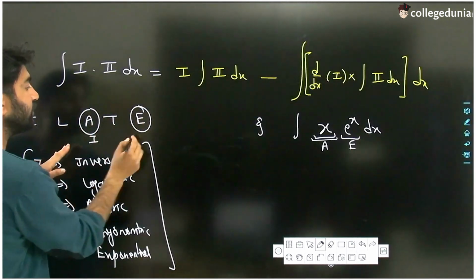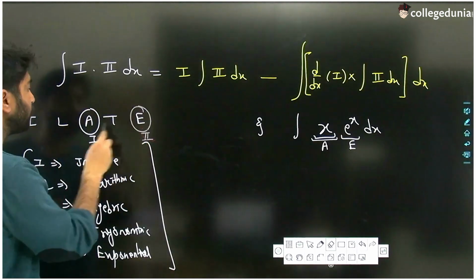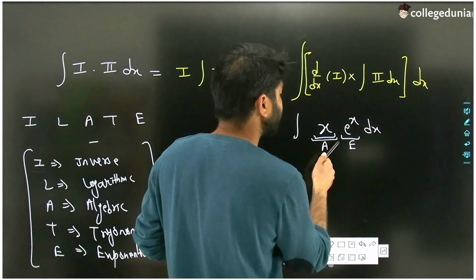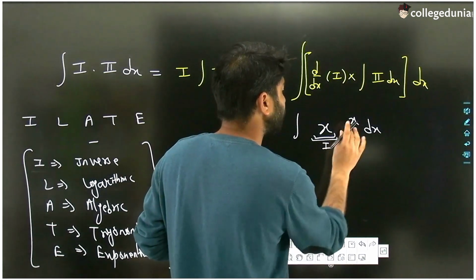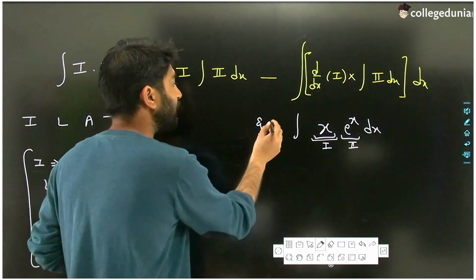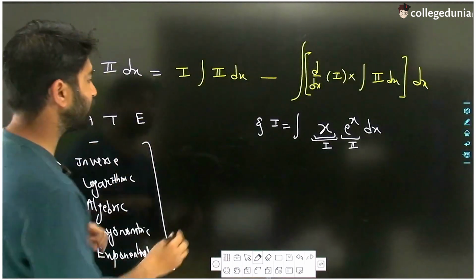Algebra is the first, exponential is the second. So here in this situation, algebra will be considered first, and the exponential function will be considered the second function. Now we can apply this by parts rule in this situation.